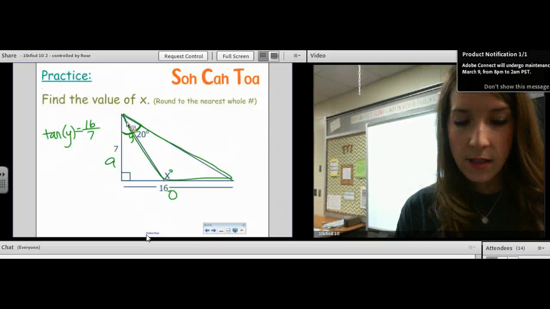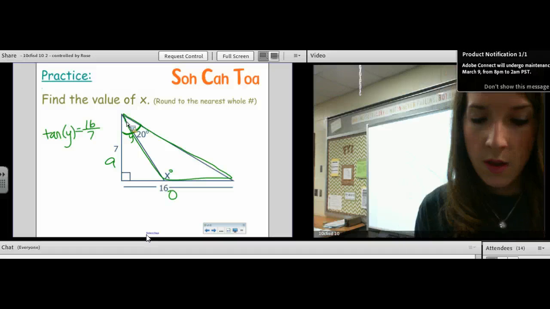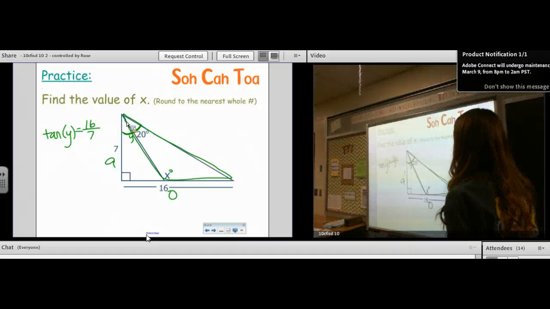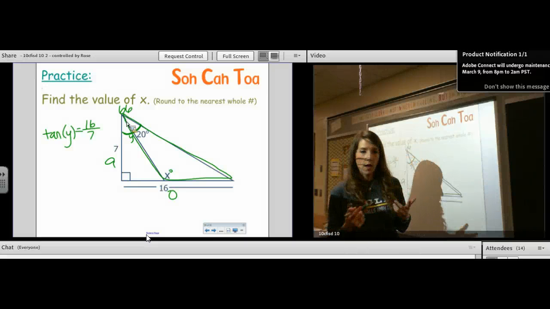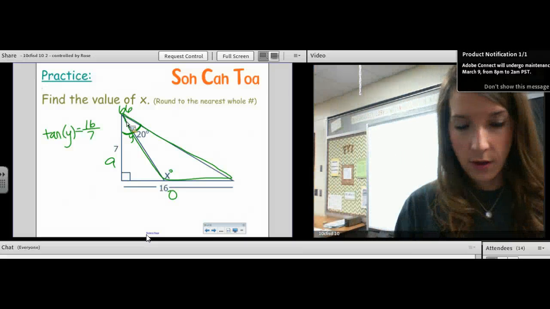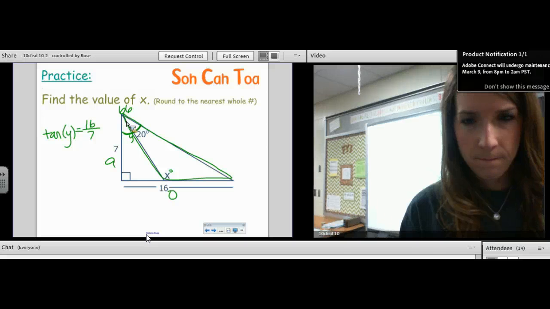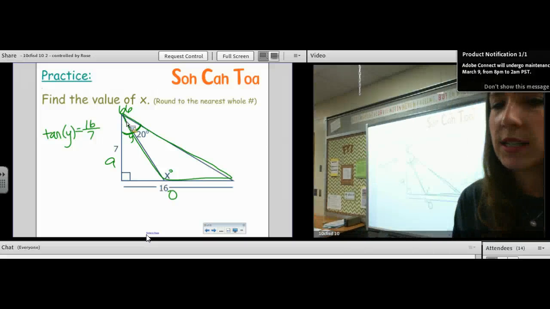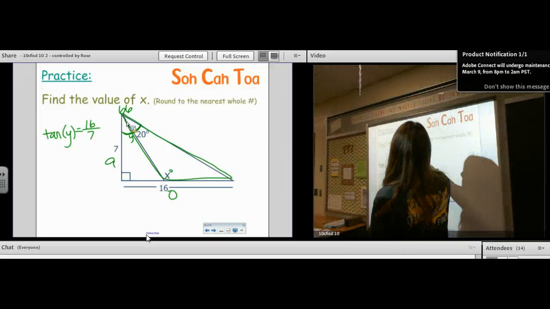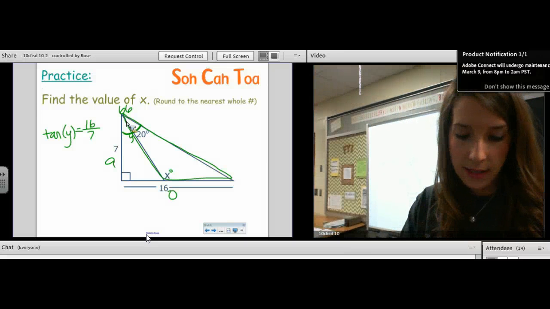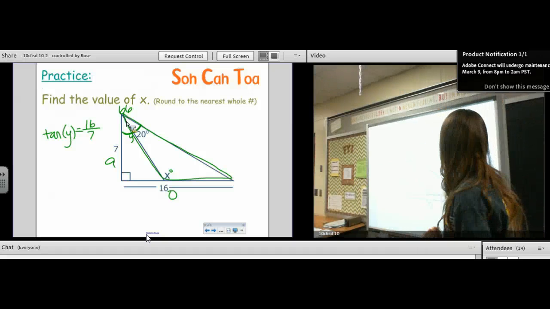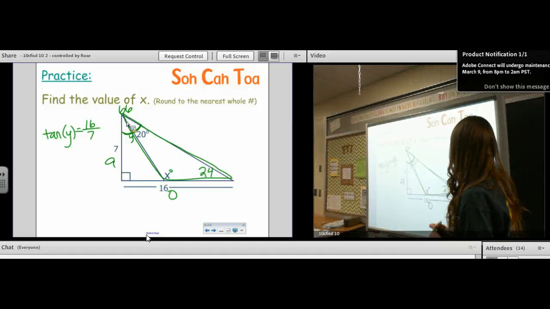And that is a 66-degree angle. If this is a right triangle, then this angle has to be 90 minus 66. So this angle's got to be 24.